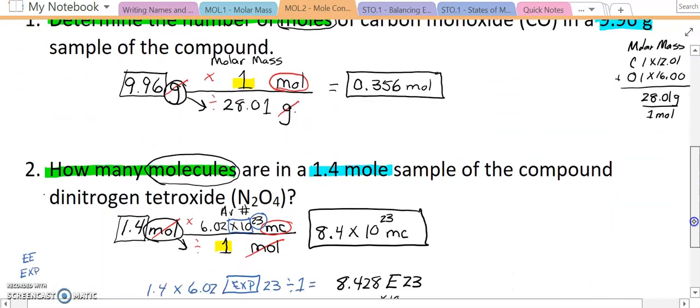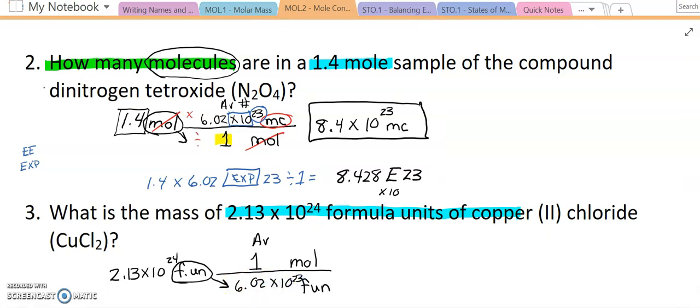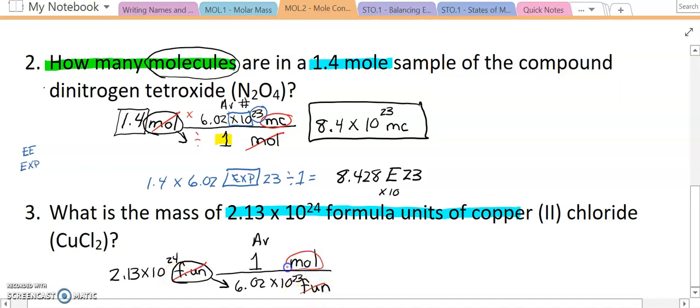I am going to use Avogadro's number, and it's going to get me to moles, which goes on top. Well, there's always a 1 in front of mole, and that must mean the 6.02 times 10 to the 23rd is going to go on the bottom. Well, that's going to cause my formula units to cancel, and that's going to leave me with moles.